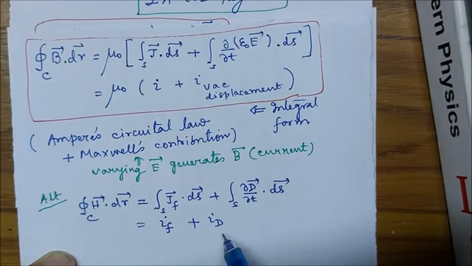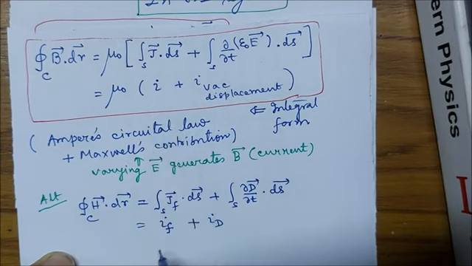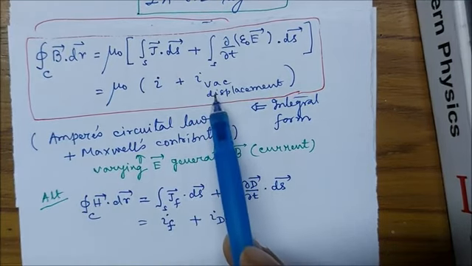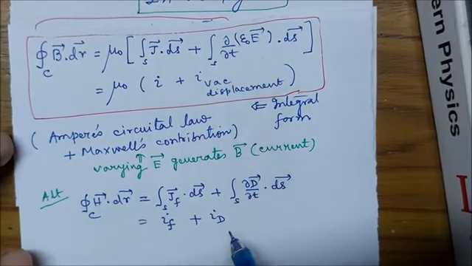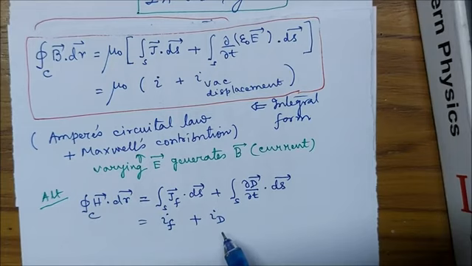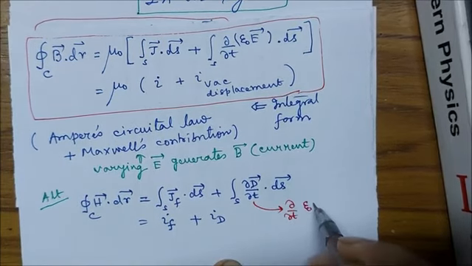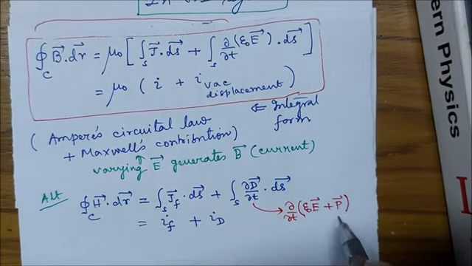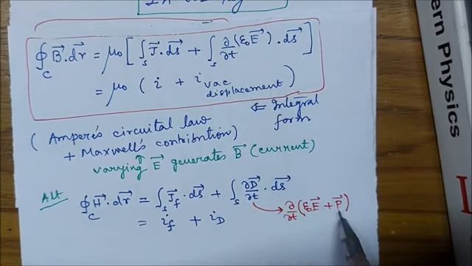We have to be careful while writing because this I is the total current, this IF is the free current, this is vacuum displacement current corresponding to del del T of epsilon 0 vector E, while ID represents displacement current, which corresponds to del del T of vector D, which is actually, so in addition to this factor, it includes vector P also.